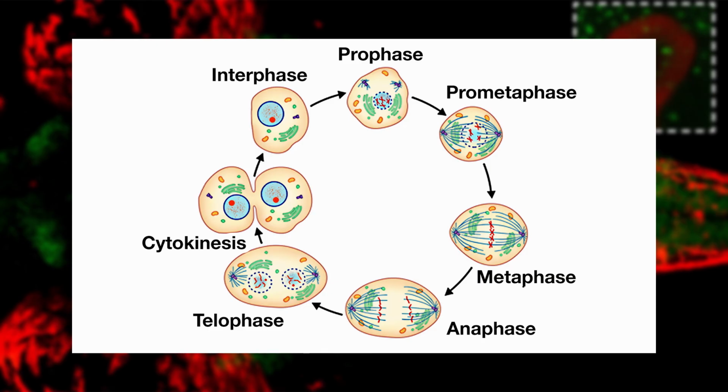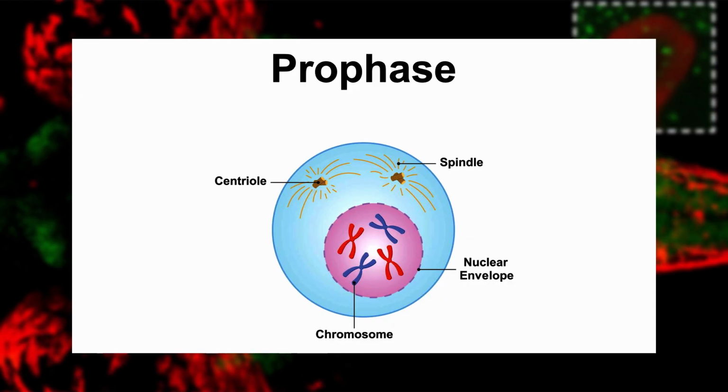Prophase begins mitosis by condensing diffuse chromatin into visible chromosomes, each with two sister chromatids joined at the centromere. Centrosomes migrate and organize the mitotic spindle, a bipolar framework essential for chromosome movement.